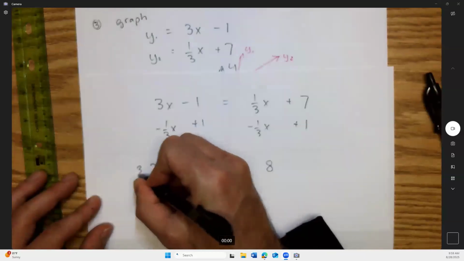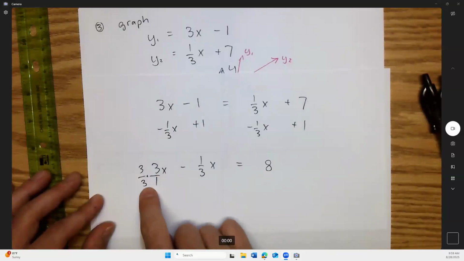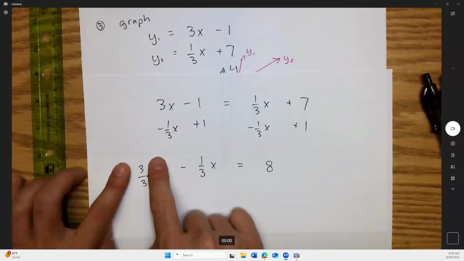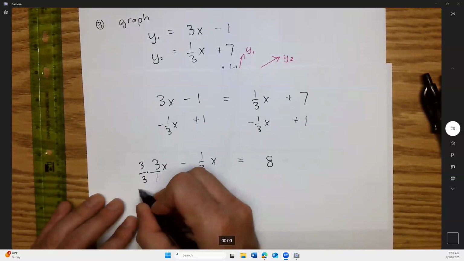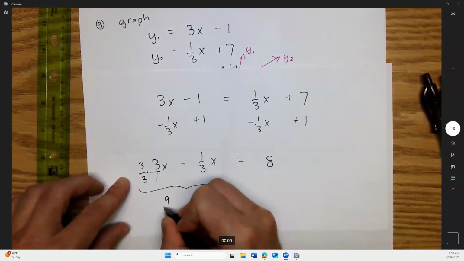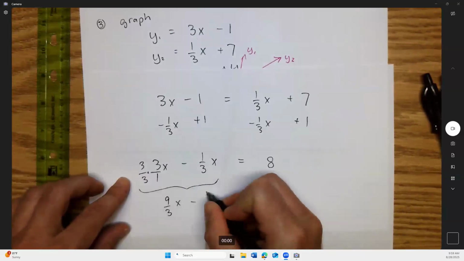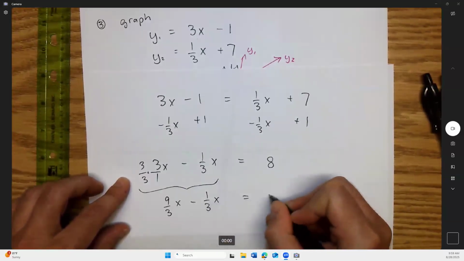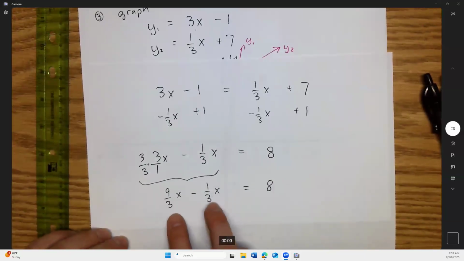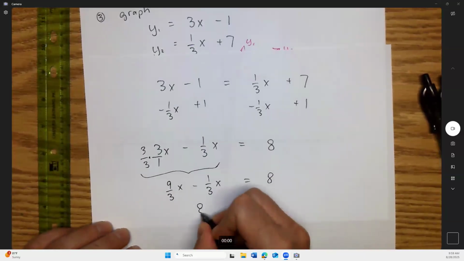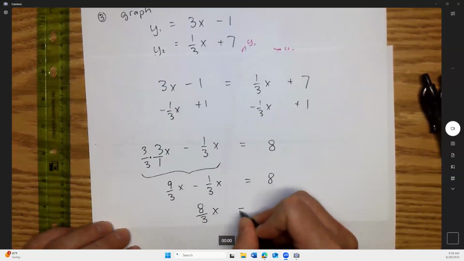Yeah, times 3 over 3. That gets the 3 down here, but 3 over 3 itself is 1, so you're not really changing anything. So this is the same thing as 9/3 x minus 1/3 x equals 8. And now you can do this. Guys, what's 9/3 minus 1/3? 8/3. So 8/3 x is equal to 8.